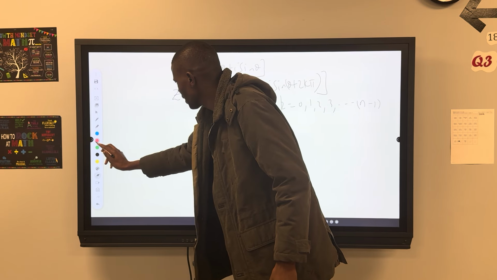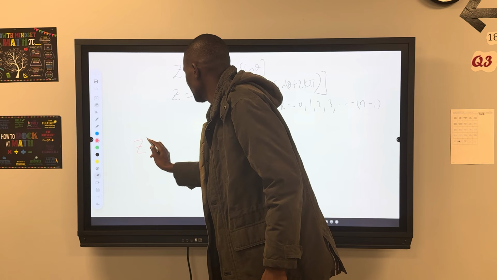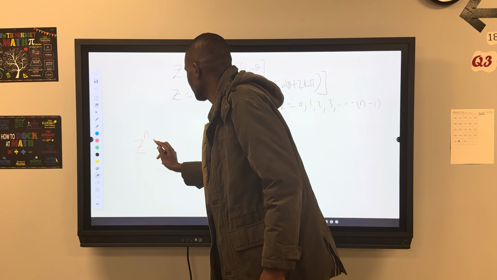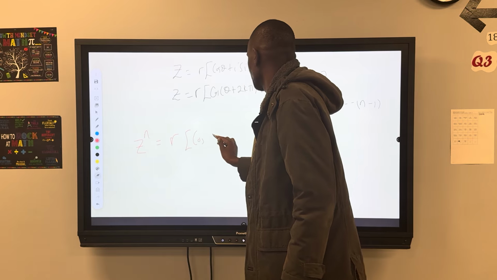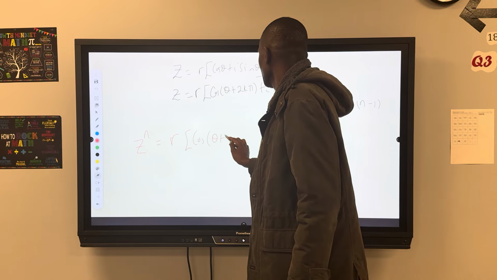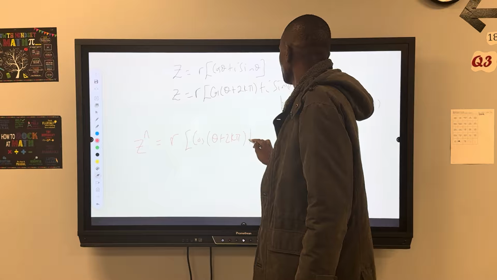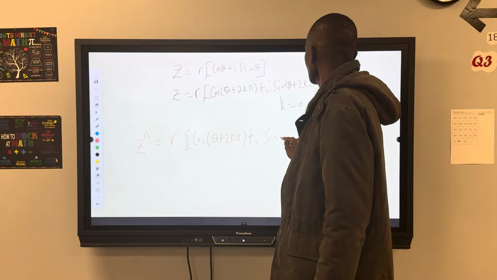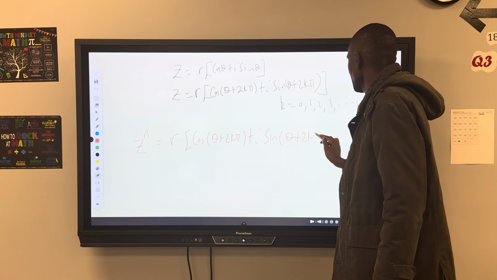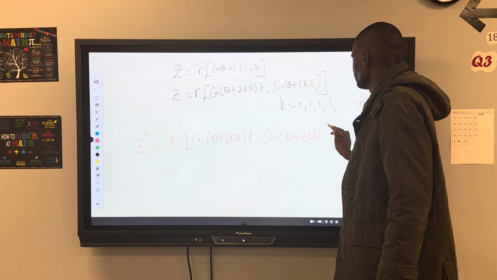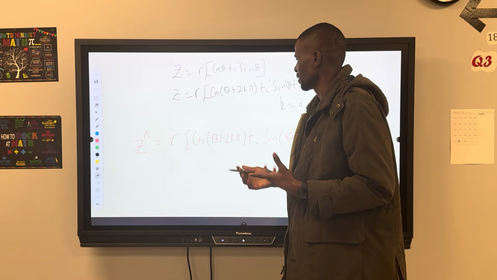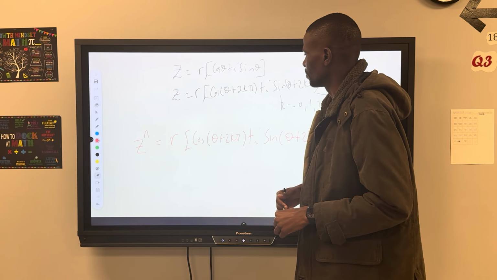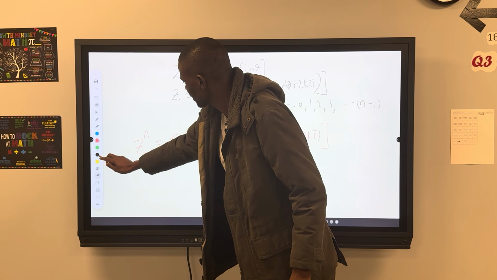So if Z to the n is equal to that, if you want to solve this equation, cos(theta plus 2k pi) plus i sine(theta plus 2k pi). Remember, you can also use degrees, but I prefer to use radians in this case, unless the exam states otherwise.